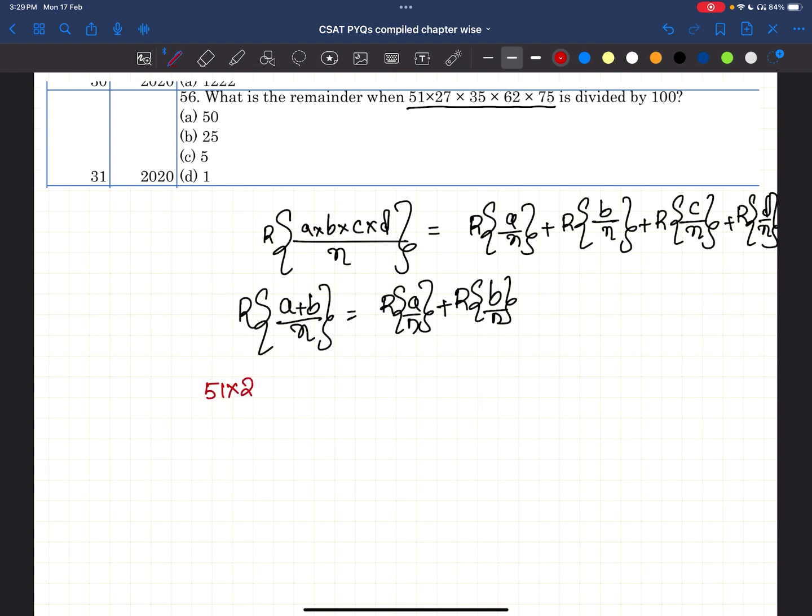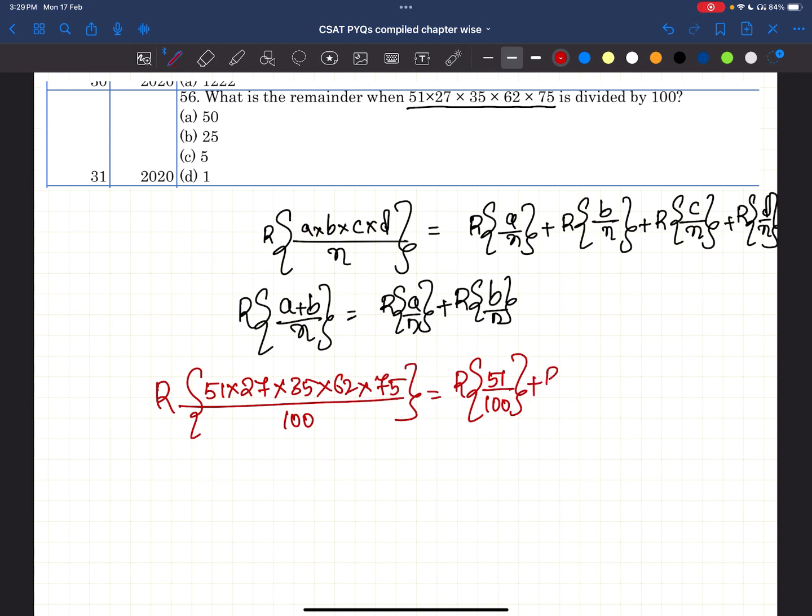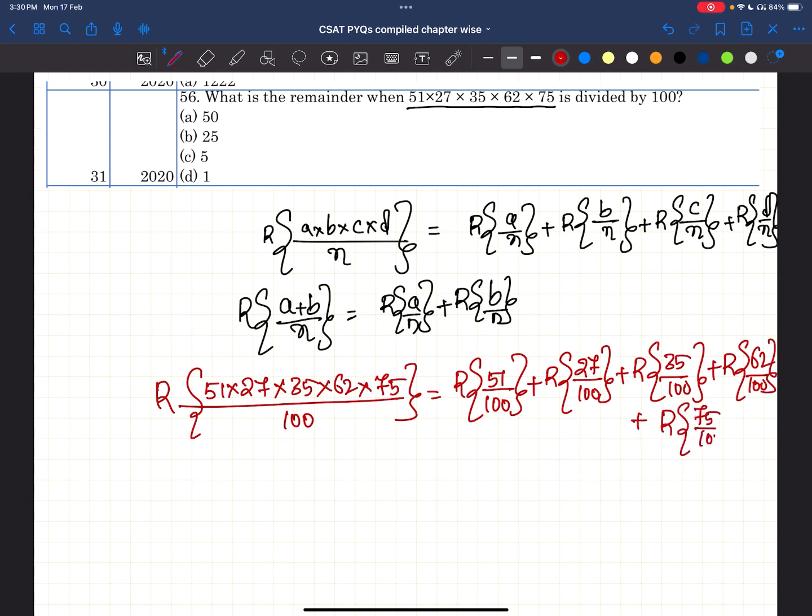51 into 27 into 35 into 62 into 75 divided by 100. What is the remainder? We'll convert it as remainder of 51 by 100 plus remainder of 27 by 100 plus remainder of 35 by 100 plus remainder of 62 by 100 plus remainder of 75 by 100.